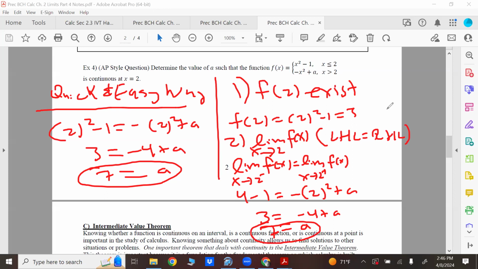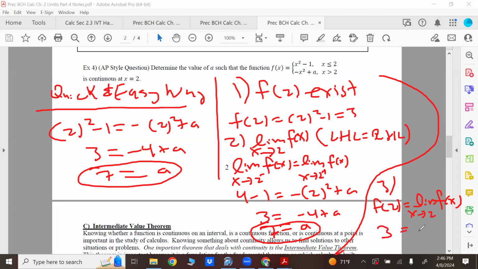And then as the last bit, just to prove that f of 2 equals the limit as x approaches 2: f of 2 was 3, and the limit was also 3. That's just a final check. It's just the formality part.